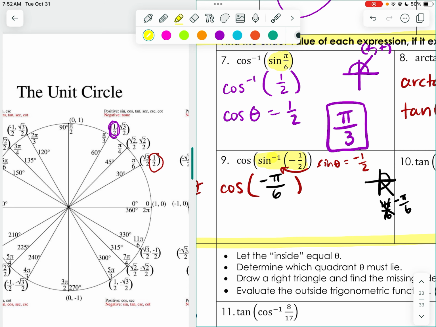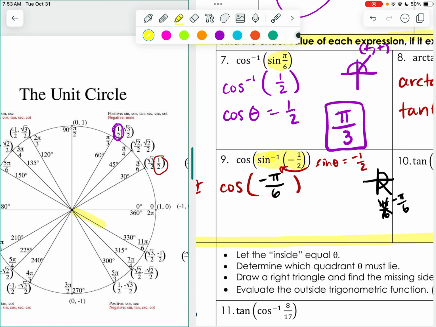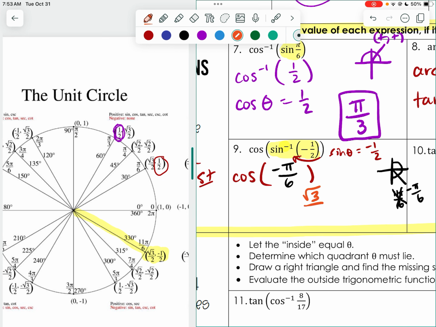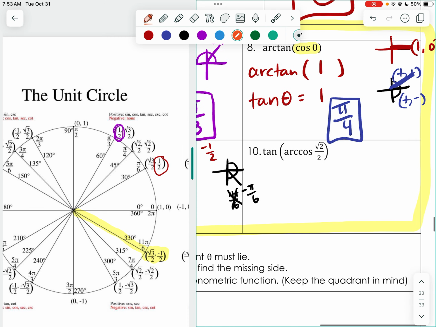So if we're swinging down pi over 6, that would be right here what I'm highlighting on my unit circle. So negative pi over 6. The x value, the cosine, that is root 3 over 2. Okay? All right, last one, and then we're done here.